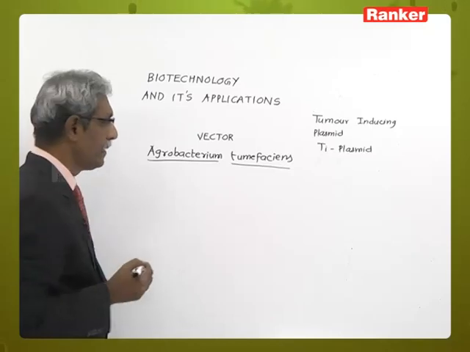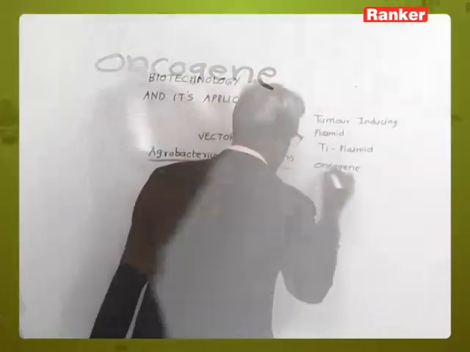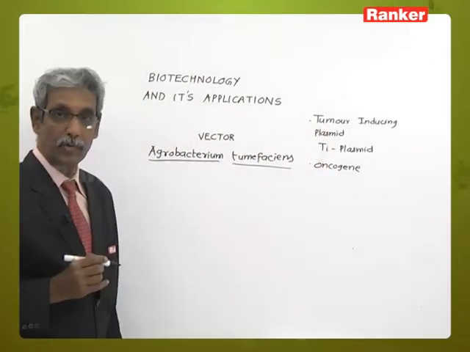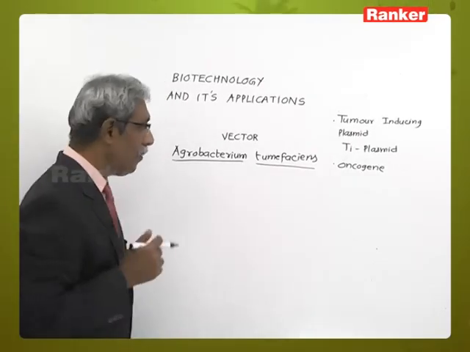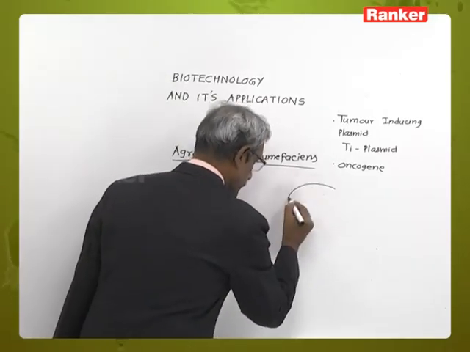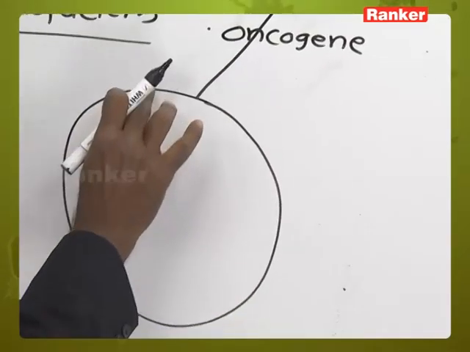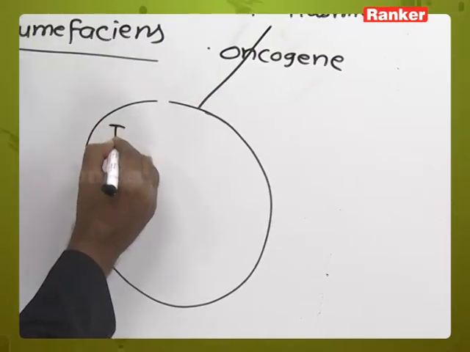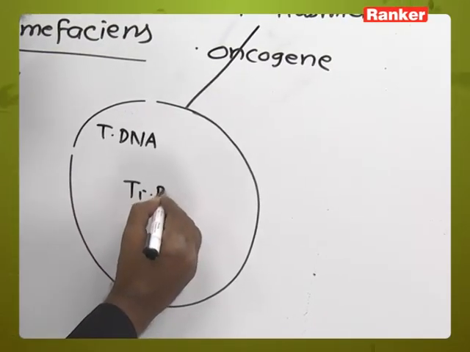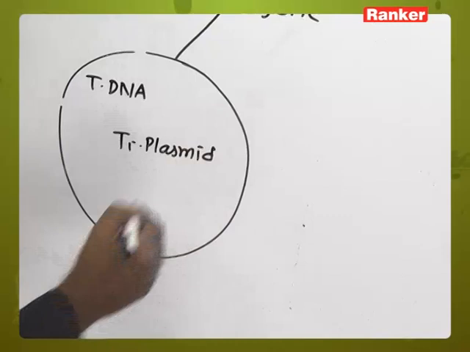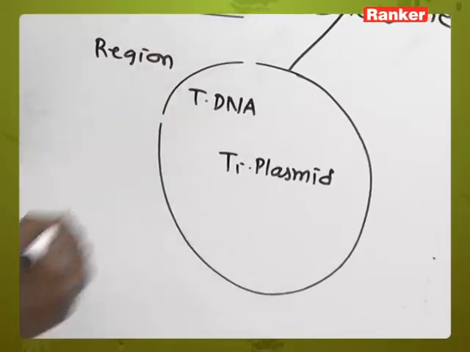The TI plasmid has got the oncogene, the cancerous disease causing gene. Plasmids are circular molecules, and the TI plasmid has got a region which is termed the tDNA.